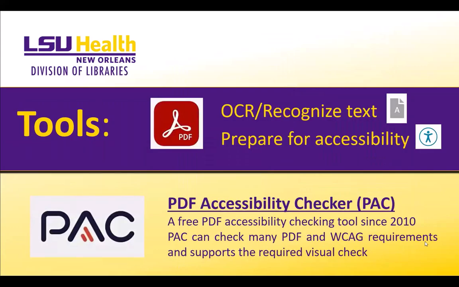All right, accessibility checkers in general are found on all the major document or file creating software options. Here we have Adobe. So Adobe has the Scan plus OCR tool that we are likely pretty familiar with. But further down the tools menu, you'll find the Prepare for Accessibility icon.